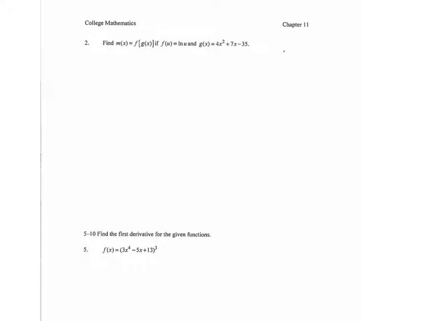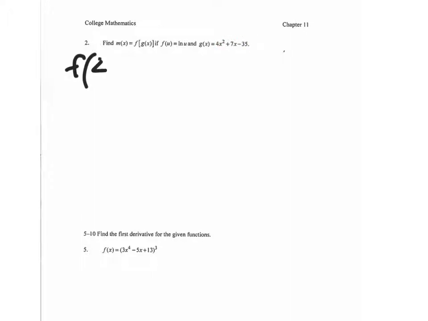Okay? So if you look at this one, we've got f of g of x, and our f function is to take the natural log of whatever we're using for x, and our g function is another polynomial. So let's see if you guys can tell me what's going to go in for x in the f function. Exactly. This part right here, right? The 4x squared plus 7x minus 35.